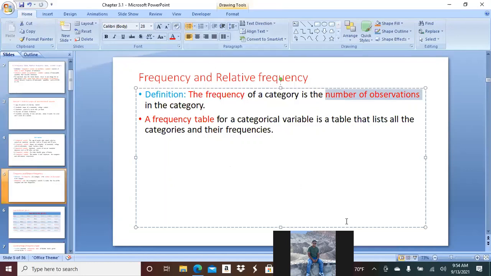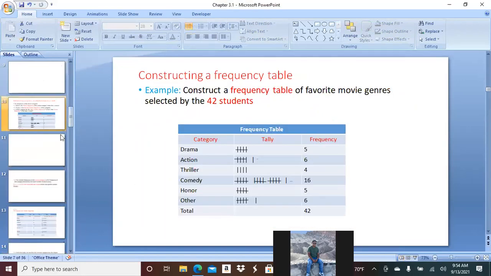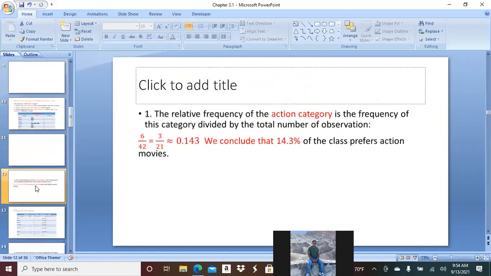And relative frequency is the percent. Relative frequency is the frequency of the category divided by the total number of observations. That is relative frequency.